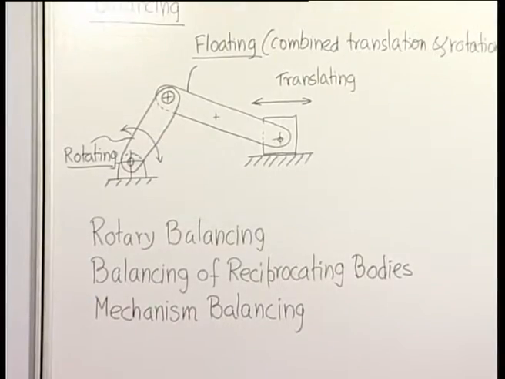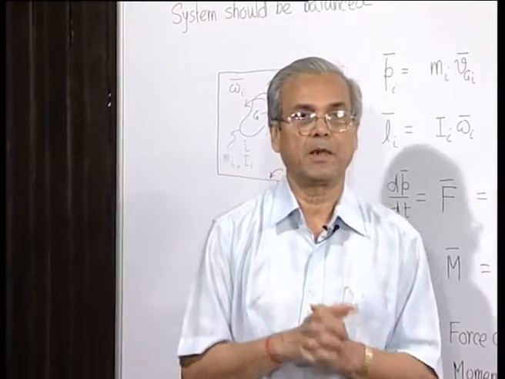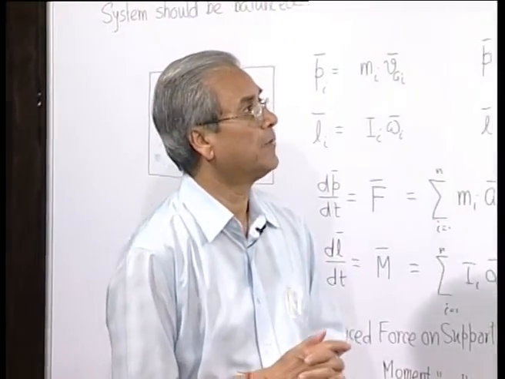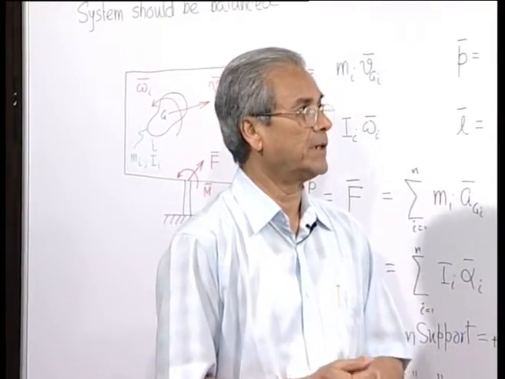So, in a nutshell, what we have found so far is that it is not enough for a machine to be designed only on the basis of its kinematic requirement, the forces and moments acting on it, and strength design or rigidity design.